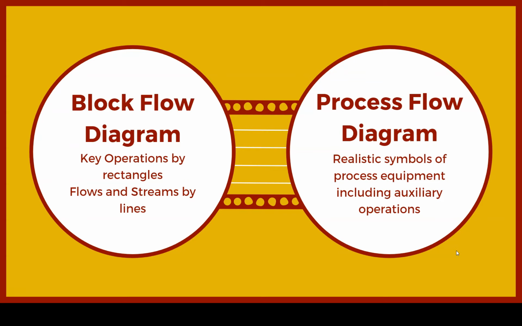Block flow diagram is usually represented by rectangles, to represent key operations, and also lines to show the flows and streams. So in block flow diagram, you have your rectangles and lines. However, for your PFD, you have realistic symbols of process equipment, including the auxiliary operations. Both of these diagrams you need to know so that you can represent your separation process correctly.